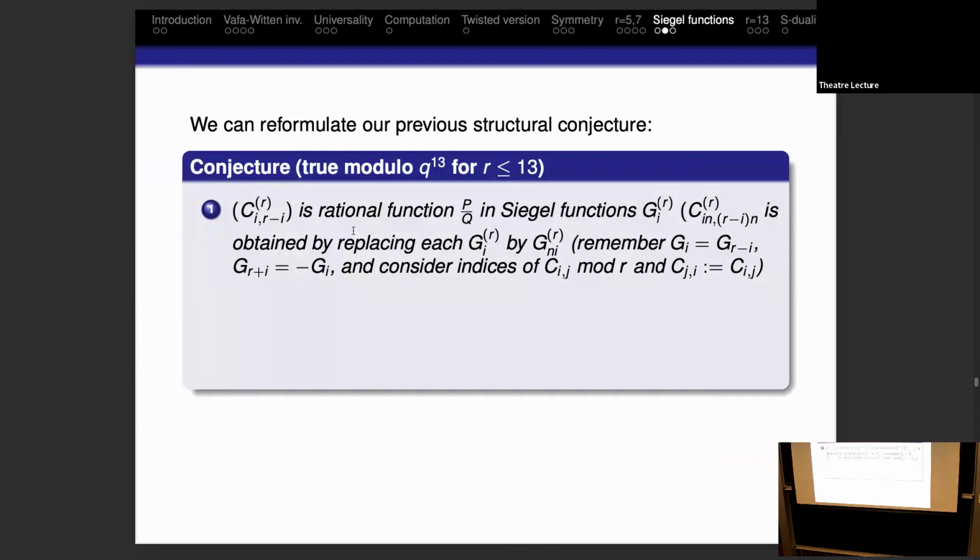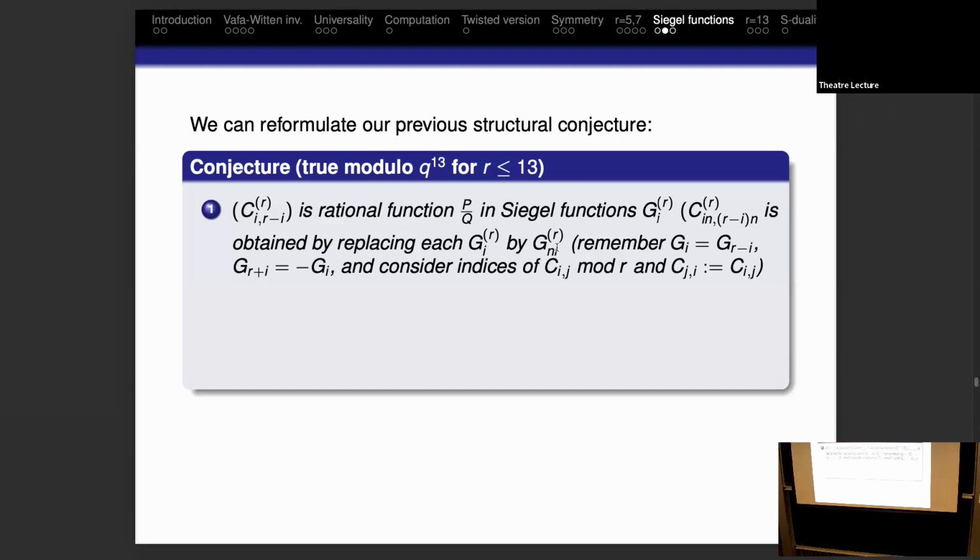Namely, if I take C_i^{r-i}, it's a rational function in Siegel functions with the same r, obviously. And if I instead replace I by I_n, r minus I_n, then this is obtained by just doing the same to the indices of the Siegel function. I think this can be reinterpreted as saying that we have the Y representation.